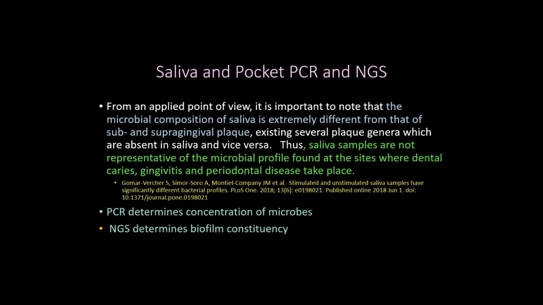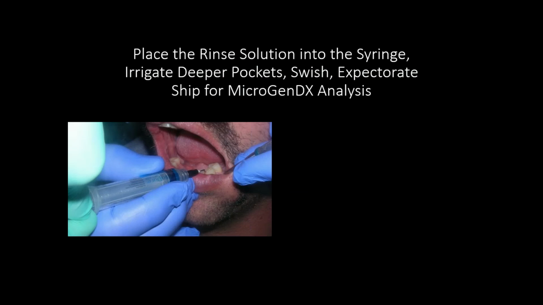So when you do that, I want to show you the way we have found the best way to get your saliva sample and your pocket sample as thorough as possible. When we get the kit from Microgen for the PerioDX, we take the solution that is there, we put it into a syringe, and we lavage out all of the deep periodontal pockets, telling the patient not to swallow it.